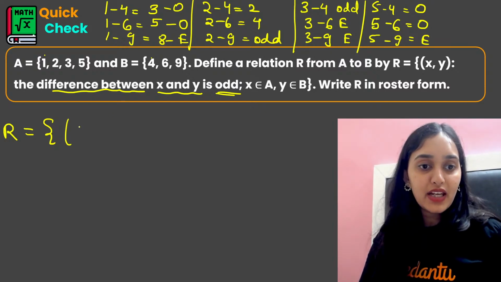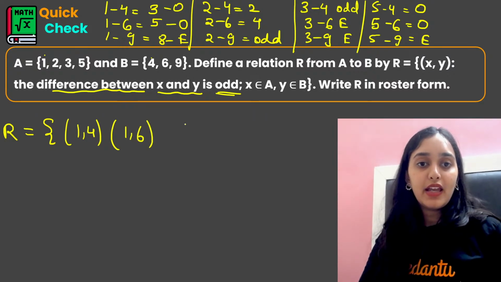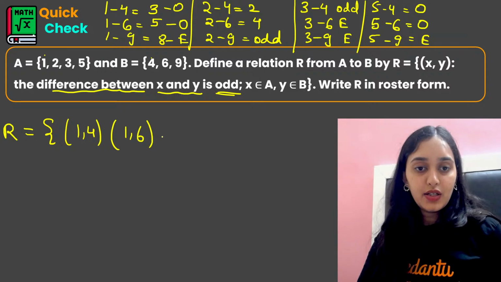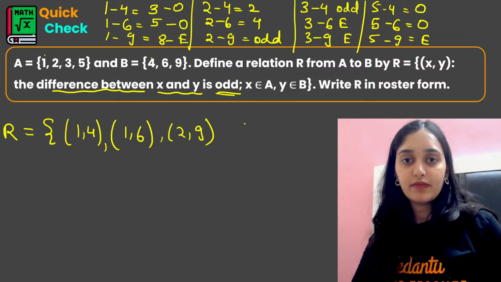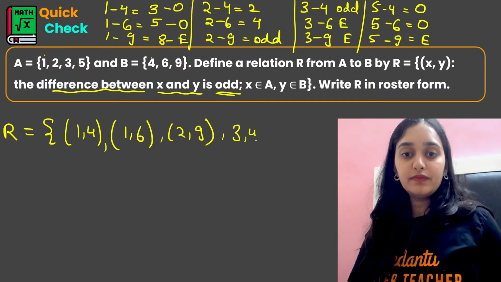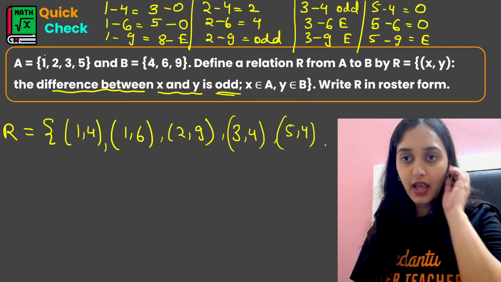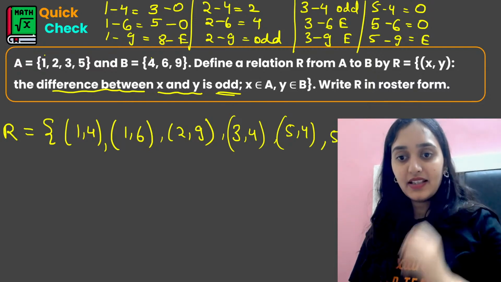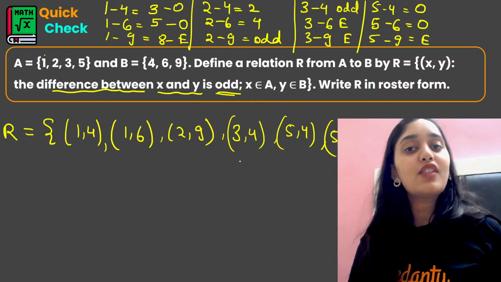So the difference between 1 and 4, 1 with 6 and 2 with 9, odd, right? 3 with 4, 5 with 4 and 5 with 6. So these are the ordered pairs where the difference is odd.